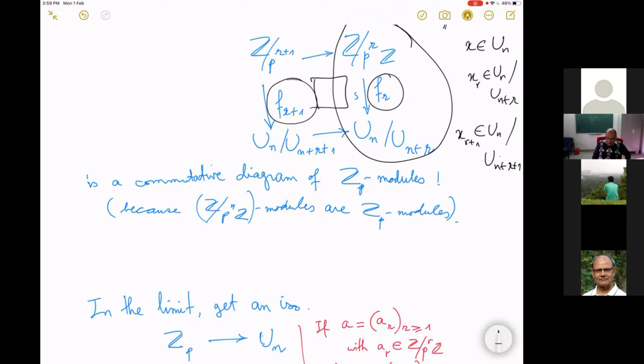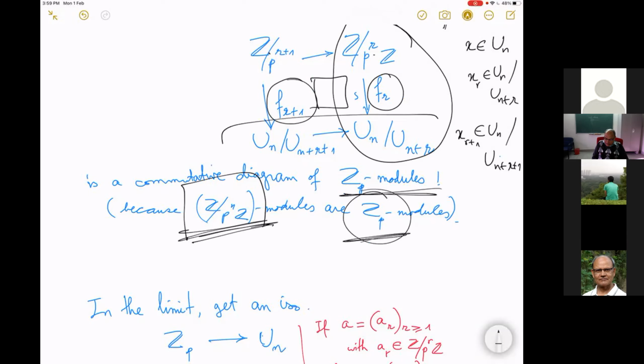Okay. And I can now think of each of these modules as a Z_p module. You would say, no, they are Z modulo p^n Z modules, but this itself is a quotient of Z_p. So every module over this can be thought of as a Z_p module.